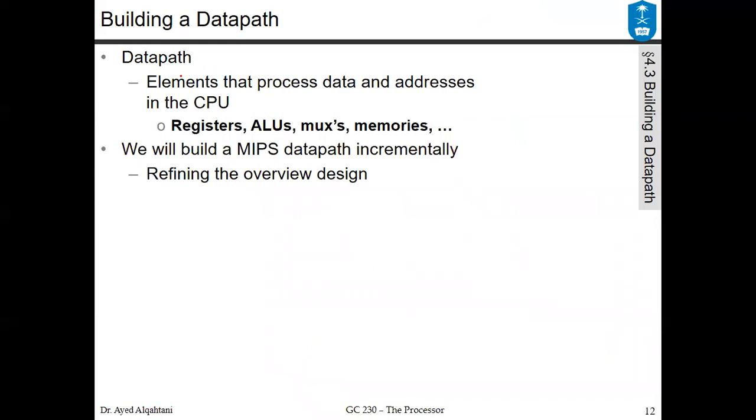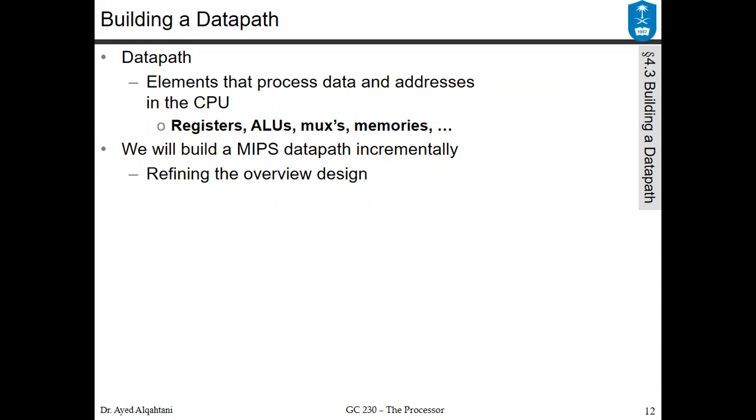A data path is the elements that process data and addresses in the CPU, meaning the movement of the data in the hardware. It will move from the program counter to the instruction memory, through that going to registers, going to the ALU, through the muxes, different memories, and so on.